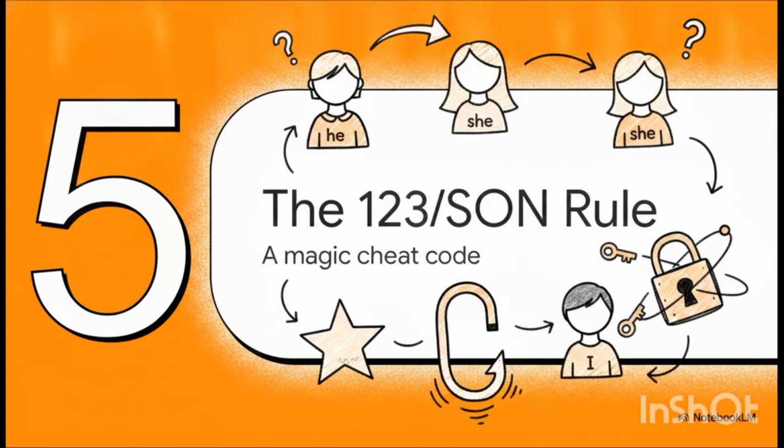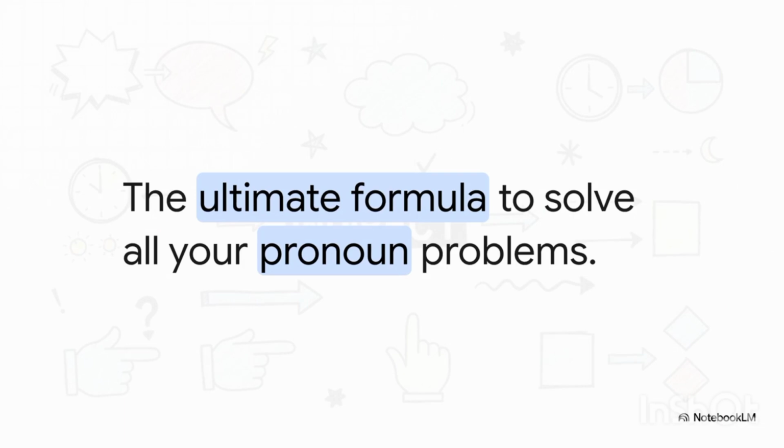That leads us perfectly to Section 5, the magic 1-2-3/SON formula. If you've ever found yourself confused about whether you becomes he, she, or I, you are going to love this. To conquer these pronoun shifts effortlessly, we're going to use an incredibly effective memory hook.